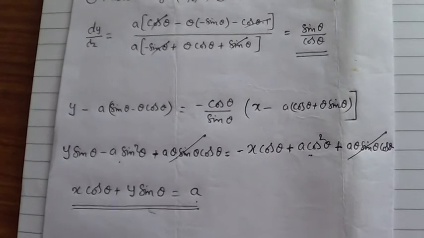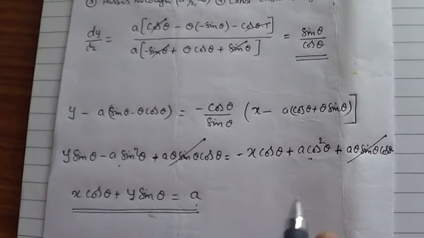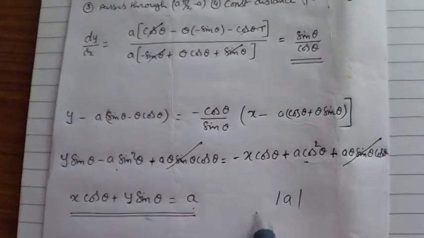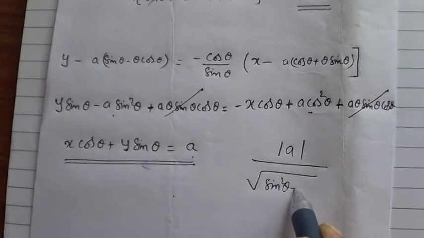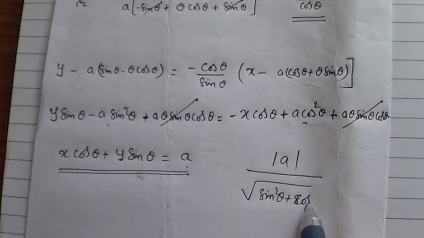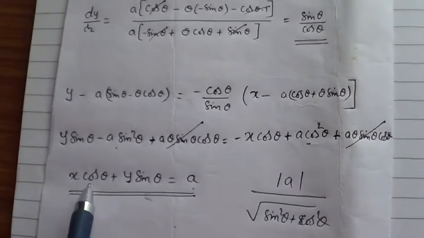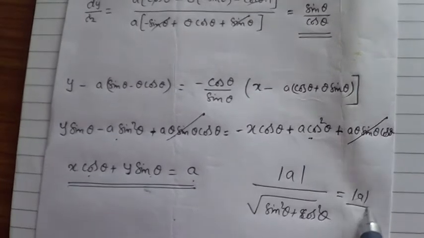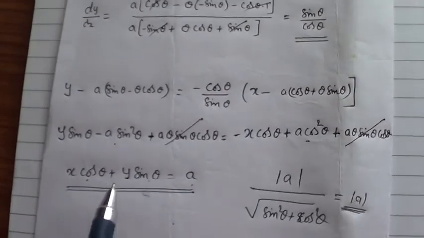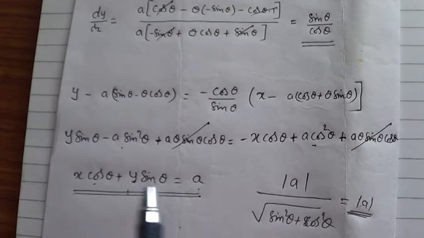From origin onto this line, the perpendicular distance is modulus of a divided by root over cos square theta plus sin square theta. Cos square theta plus sin square theta is 1, so it equals mod a, which is constant or not? So the normal is at a constant distance from origin.